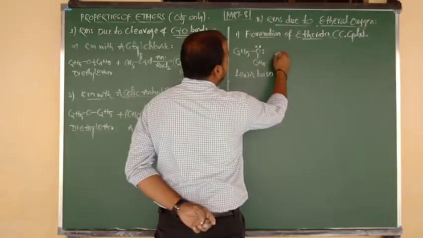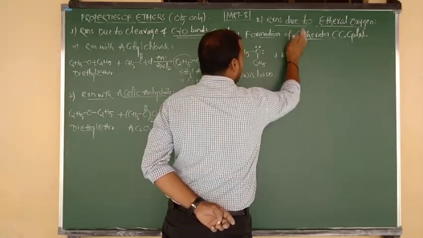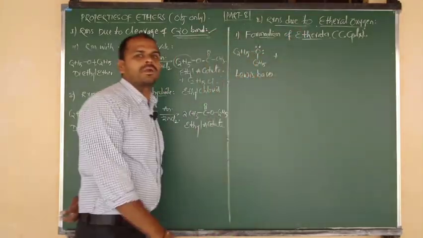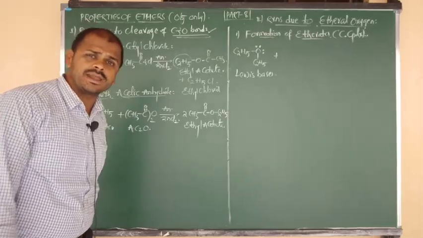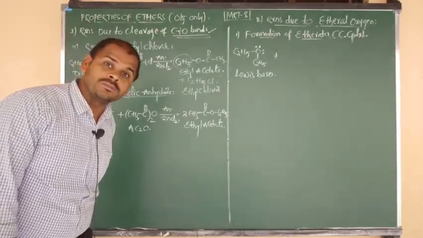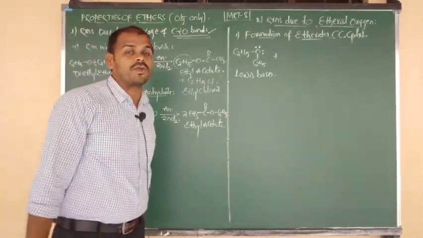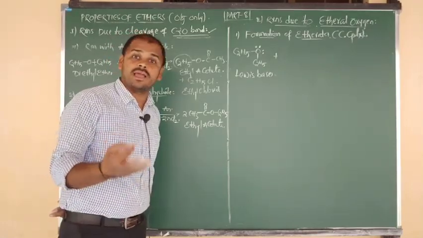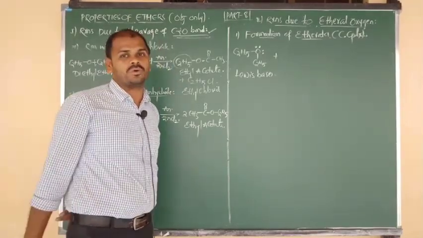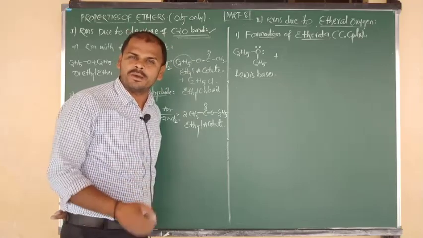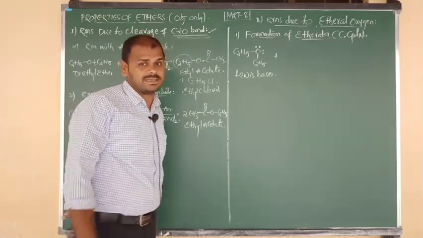Now they can react with Lewis acids, like BF3, boron trifluoride. They can also react with AlCl3, aluminum trichloride, and, very important from the objective point of view, they can react with Grignard reagent also, because that is also an example of a Lewis acid.